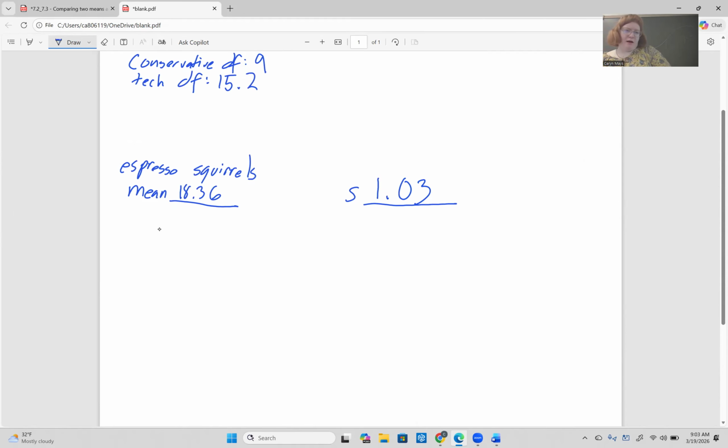Okay, so then with our 95% confidence interval, how do we set that up? Basically, what would be our formula? The difference in means plus or minus t star. I'm going to use X_E for espresso, and regular for the others.